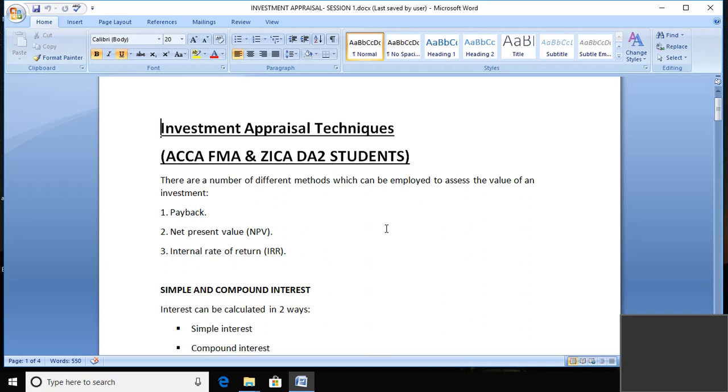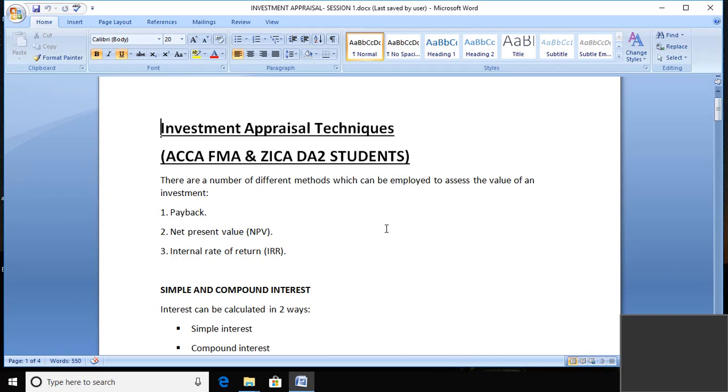Under the net present value, we take all the estimated future cash flows, discount them to the present values, and then compare them with the cost of an investment. If our NPV is a positive value, then we say the investment is viable and should be taken. If the NPV is a negative value, then we say the investment is not viable.